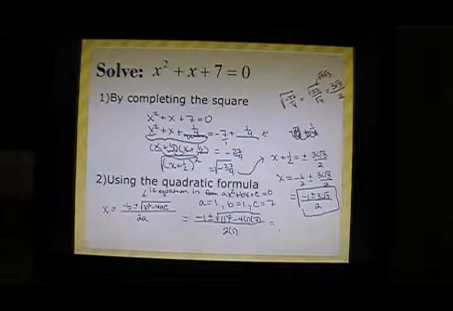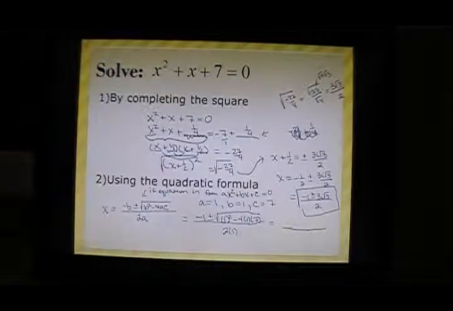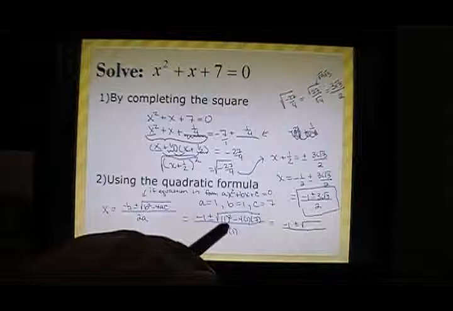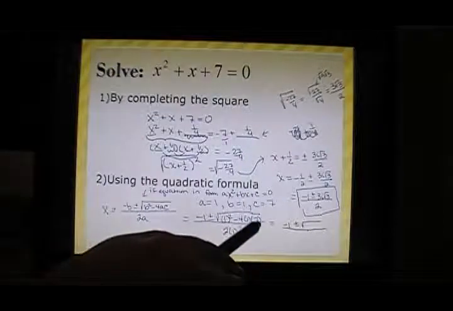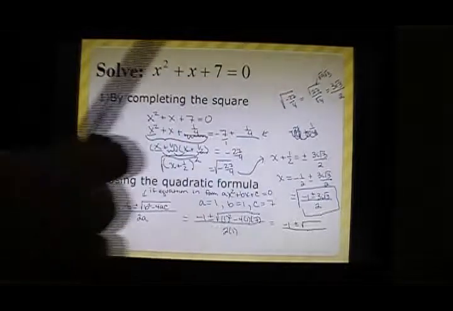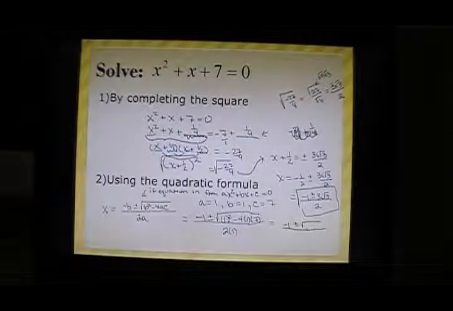Alright, so doing our simplification, we have negative 1 plus or minus the square root of, so 1 squared is 1, 4 times 1 times 7, that's 28. So if we do 1 minus 28, we're going to get negative 27 as the value of the discriminant, which we'll talk about here in a minute, all over 2.